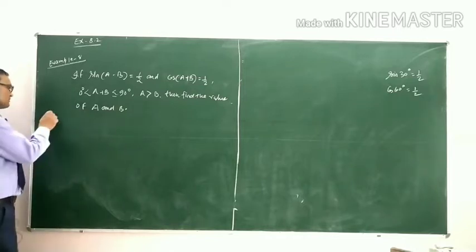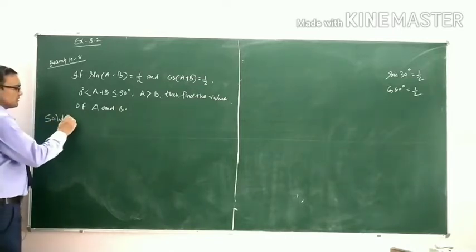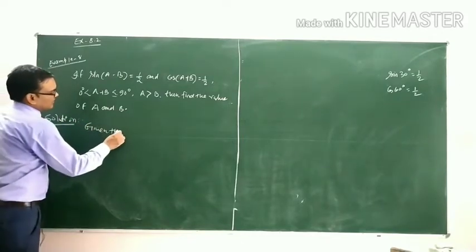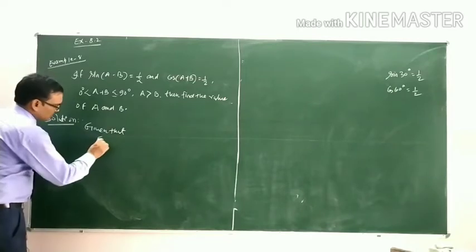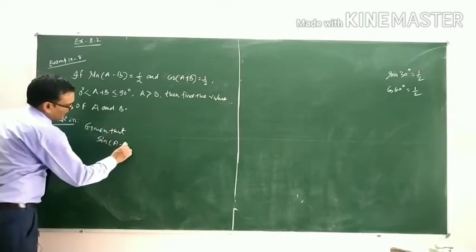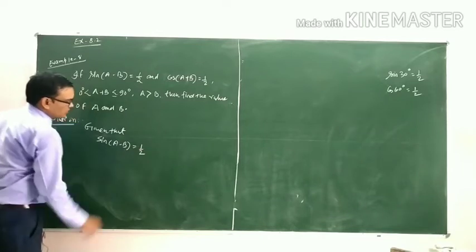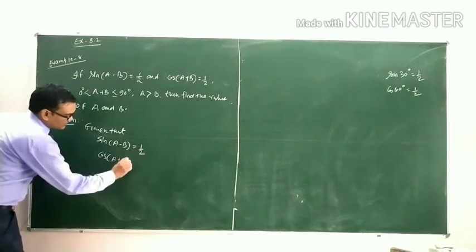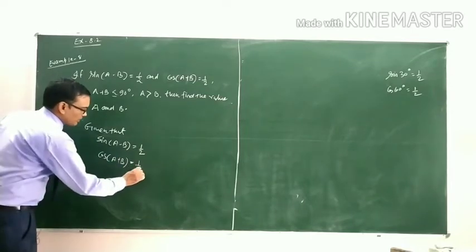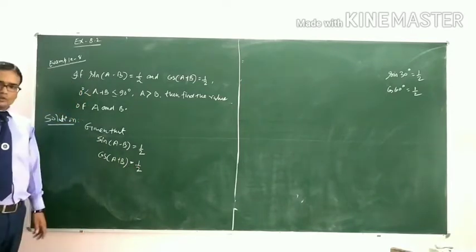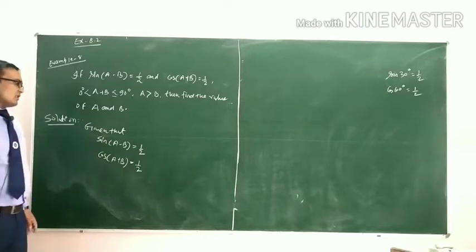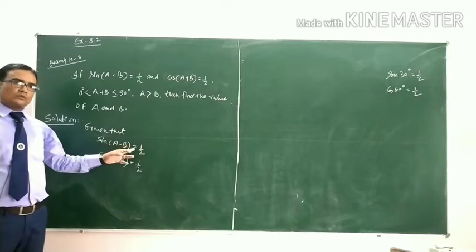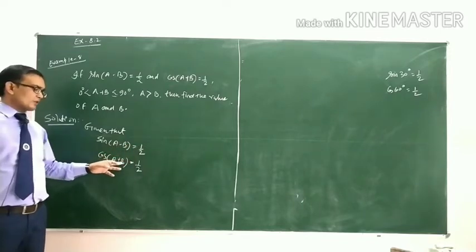Okay students, solution. Given that sin(A - B) equals 1 by 2 and cos(A + B) equals 1 by 2. Here sin(A - B) equals 1 by 2 and cos(A + B) equals 1 by 2.